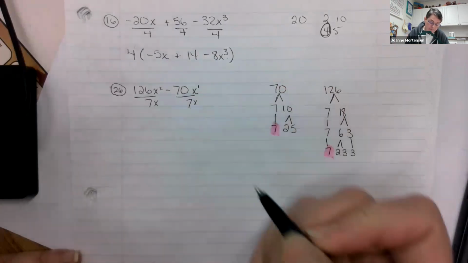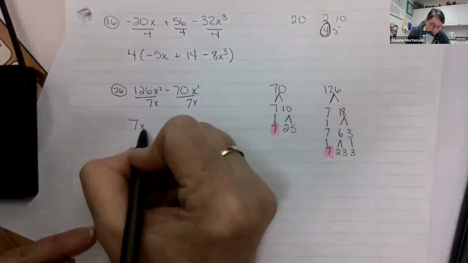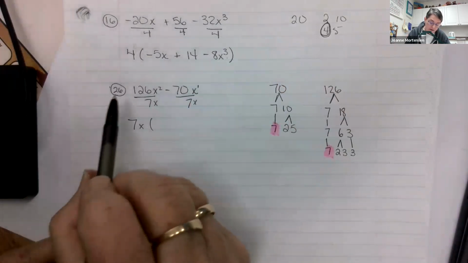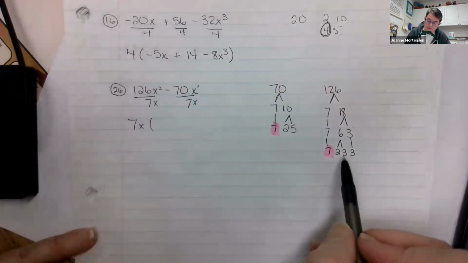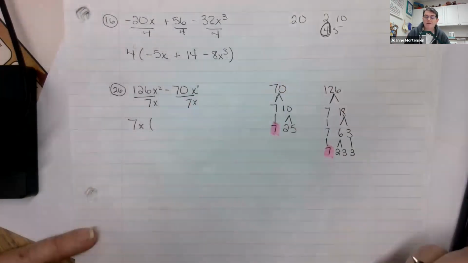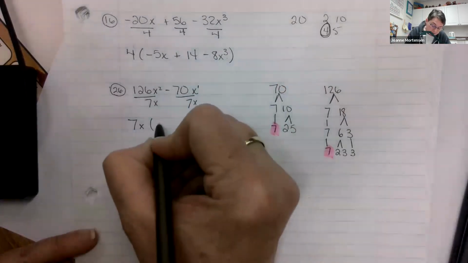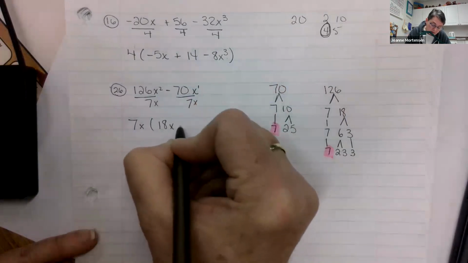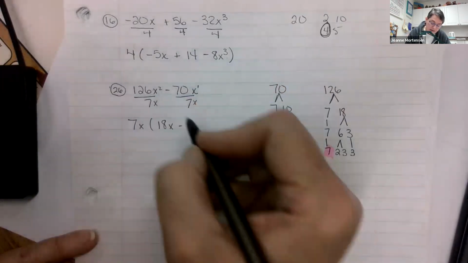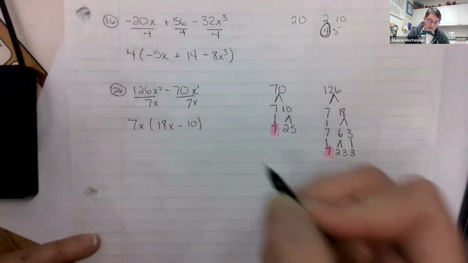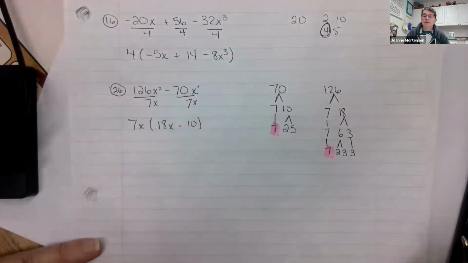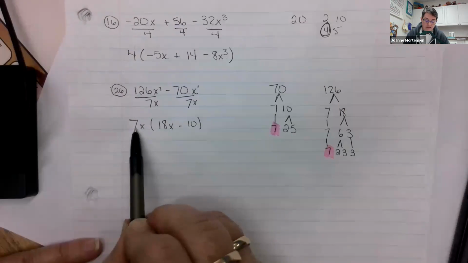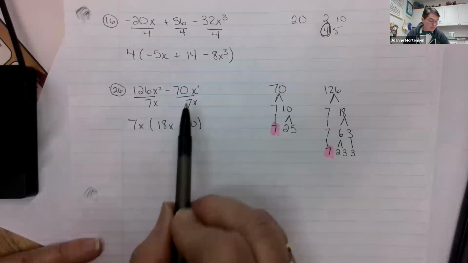There we go. So 7x. 126, 2 times 3 times 3, or just remember on the calculator, I did it 3 times. It's like 18 minus 10. And there we go. Ta-da. So biggest number that divides evenly and the smallest exponent.